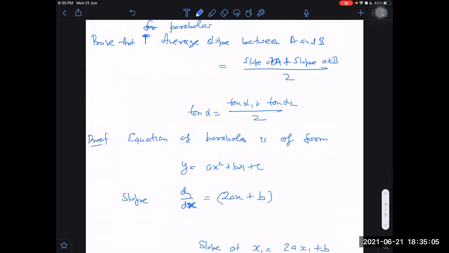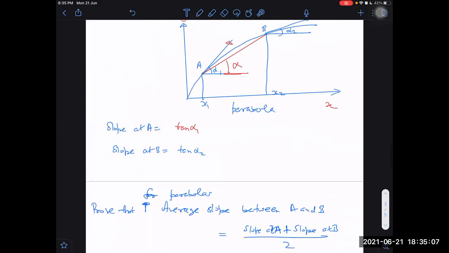Now I have to find out, if I join these points, what is the slope of this line? I can find the slope of this line by taking the difference, divided by this. This is equal to x2 minus x1, and this is y2 minus y1.